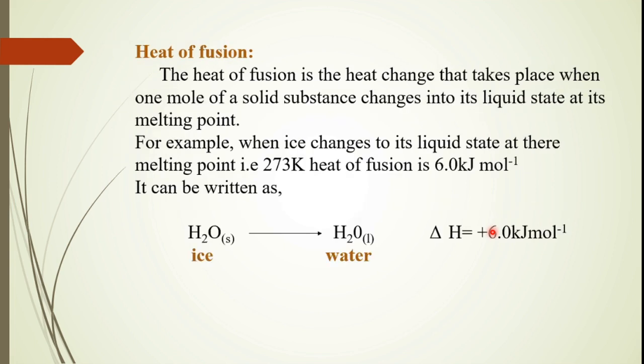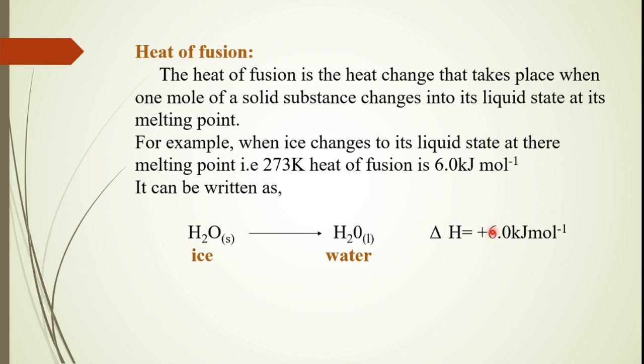The next term is heat of fusion. The heat of fusion is the heat change that takes place when 1 mole of solid substance changes to its liquid state at its melting point.